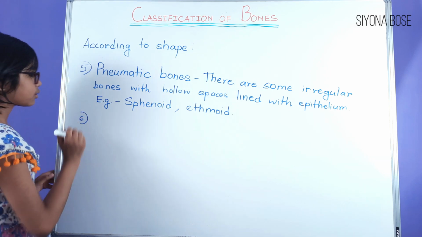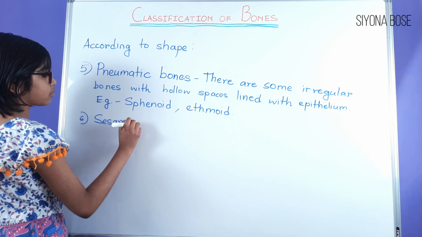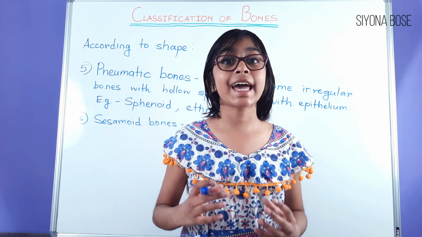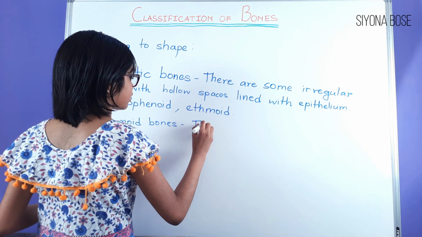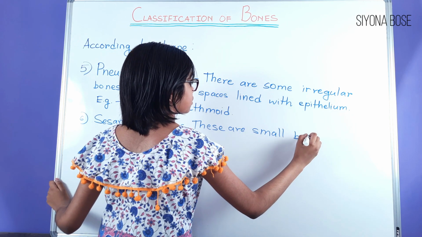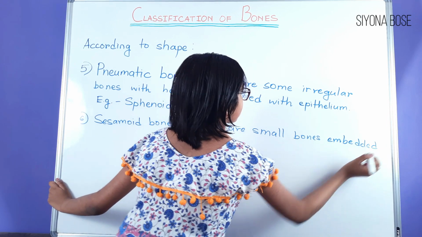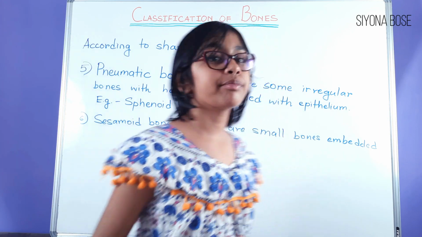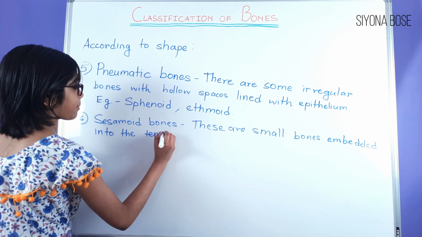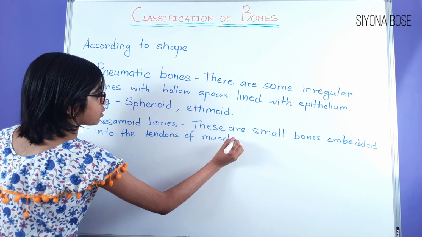Moving on to sesamoid bones. These are small bones embedded within the tendons of muscles.